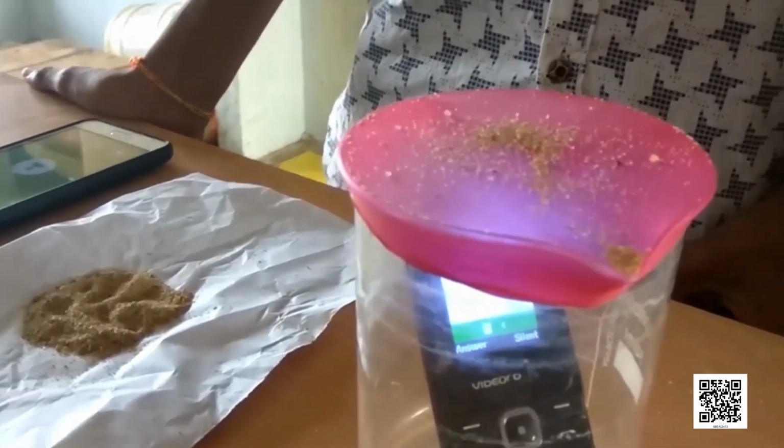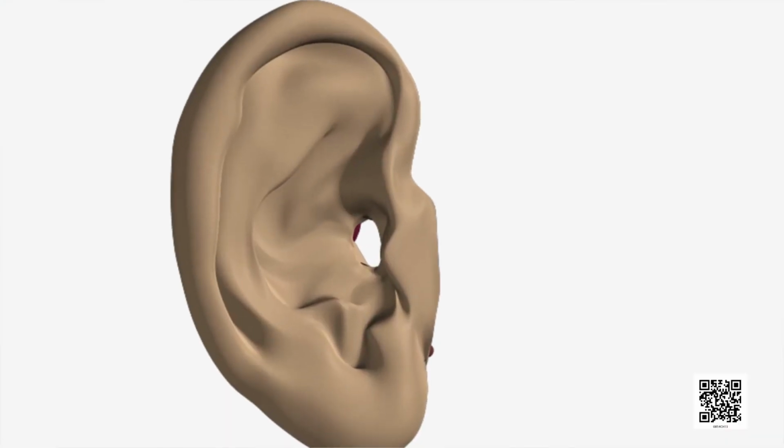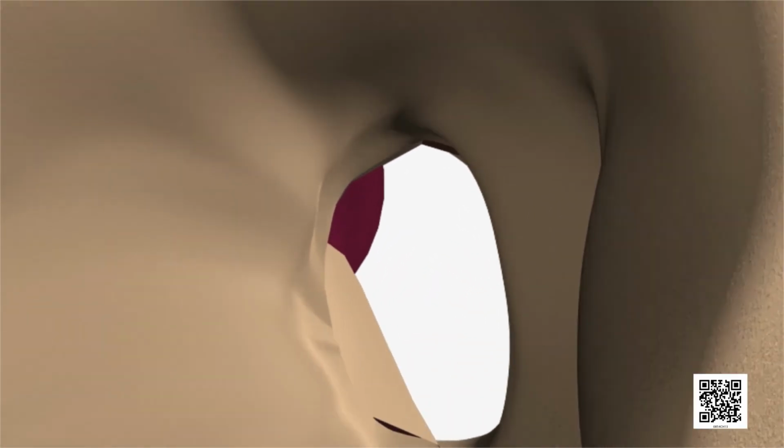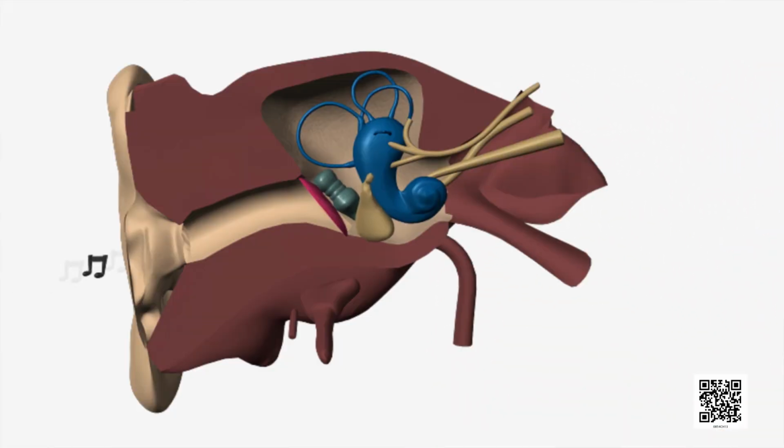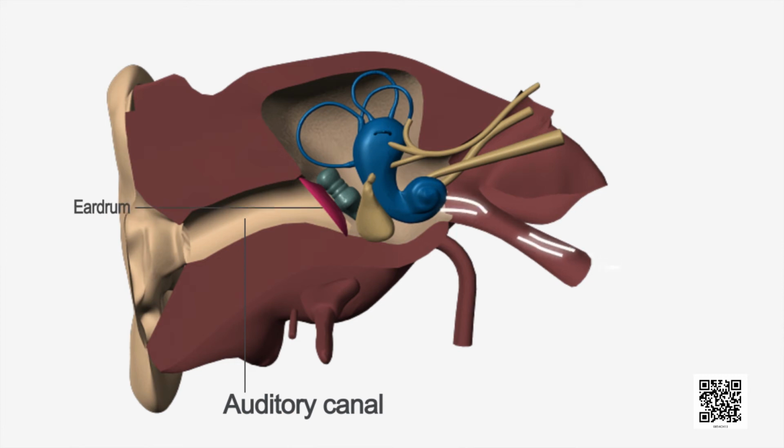Dear children, similarly, when sound enters our ear, it travels down a canal called the auditory canal. At the end of the canal, a thin membrane is stretched tightly. It is called the eardrum. It performs a similar function to the rubber balloon stretched on the can.